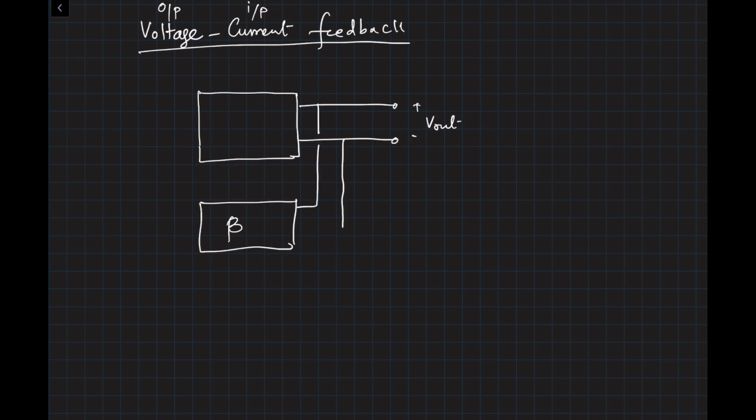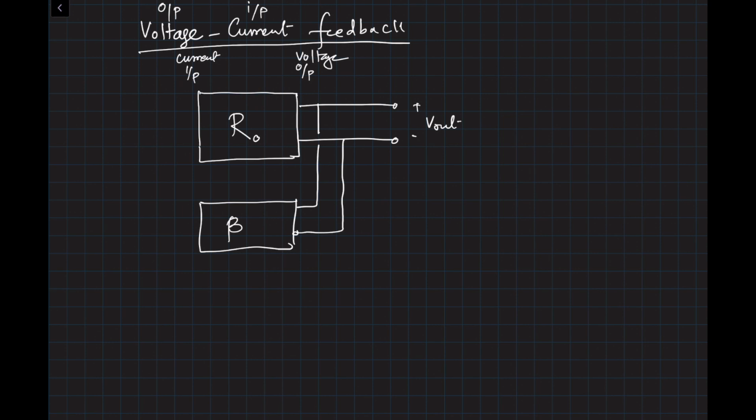So here is the output sense voltage, and then at the input we are saying it's the current feedback. So what this means is that our block has input current and output voltage. So this is like a trans resistance amplifier.